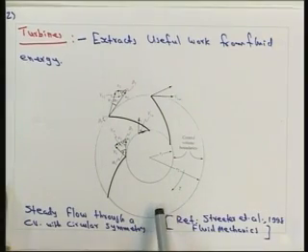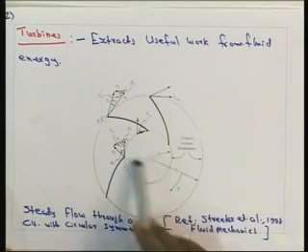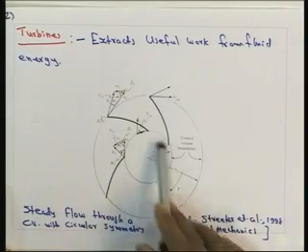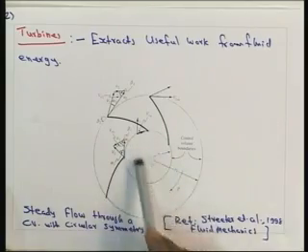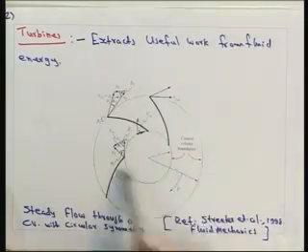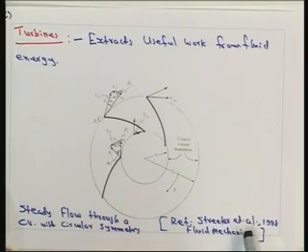So let us consider the steady flow through a control volume with a circular symmetry. Here the various blades are mounted on an axle like this in the case of a turbine. This figure is also taken from Streeter et al., 1998, Fluid Mechanics book.